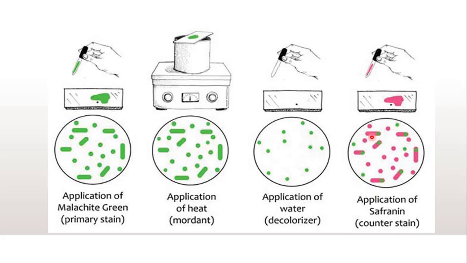So the remaining part of the bacteria other than the spore will get stained by the secondary stain or counter stain, that is safranin, and spores will remain stained with the primary stain. As you all know, we have seen the spore types, so the location is like terminal, then subterminal. As you can see here, the terminal green colored structures present in the bacteria are nothing but spores which get stained with the primary stain, that is malachite green.